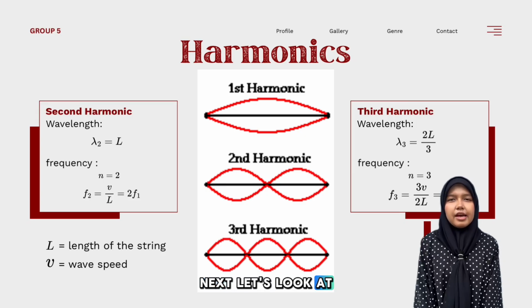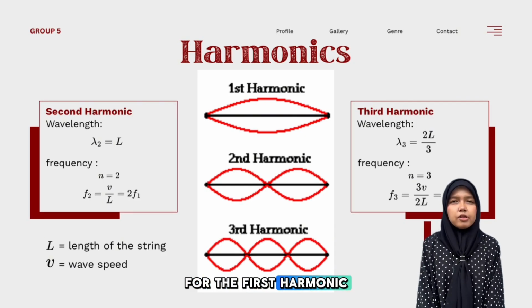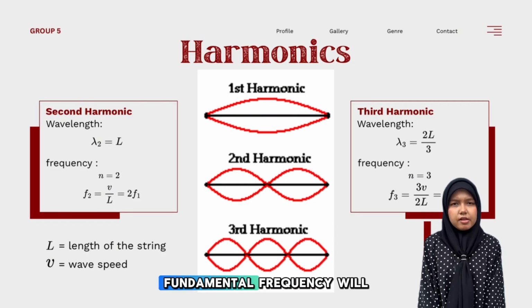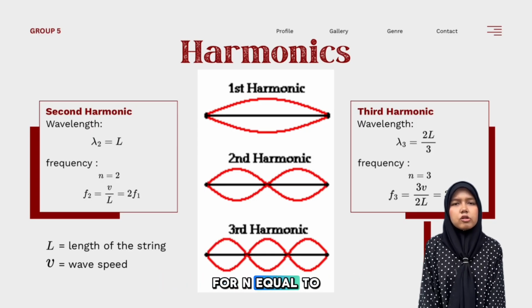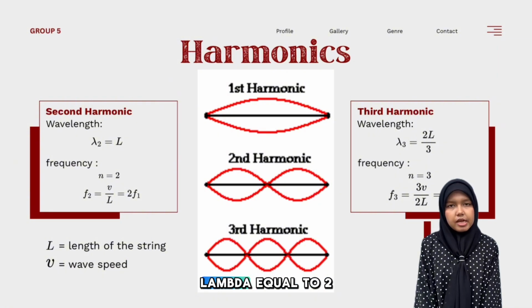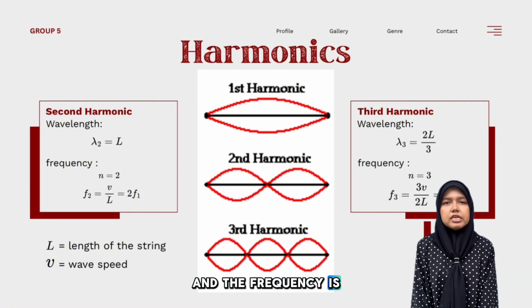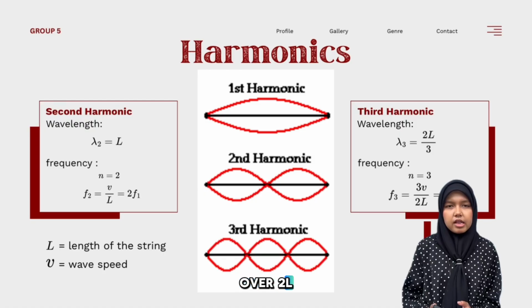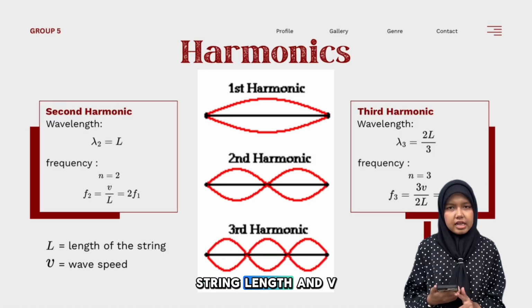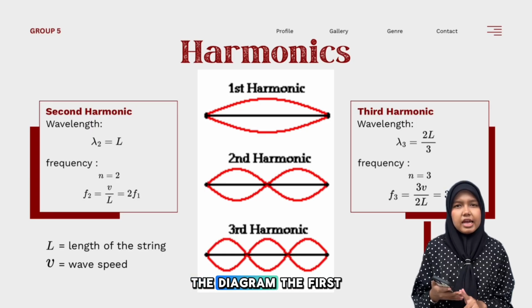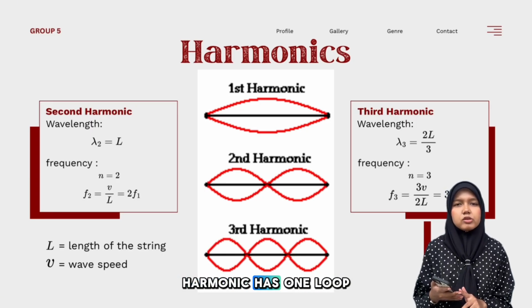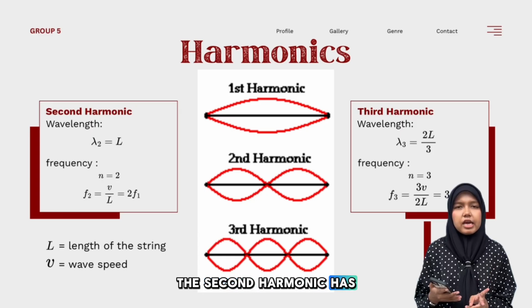Next, let's look at harmonics. The first harmonic, also called the fundamental frequency, will produce the lowest note. For n equal to 1, the wavelength is lambda equal to 2L and the frequency is f equal to v over 2L, where L is the string length and v is the wave speed. As shown in the diagram, the first harmonic has one loop, the second harmonic has two loops, and the third harmonic has three loops.